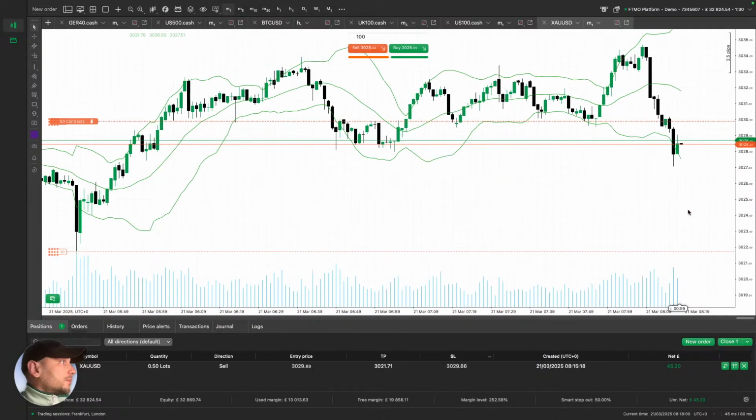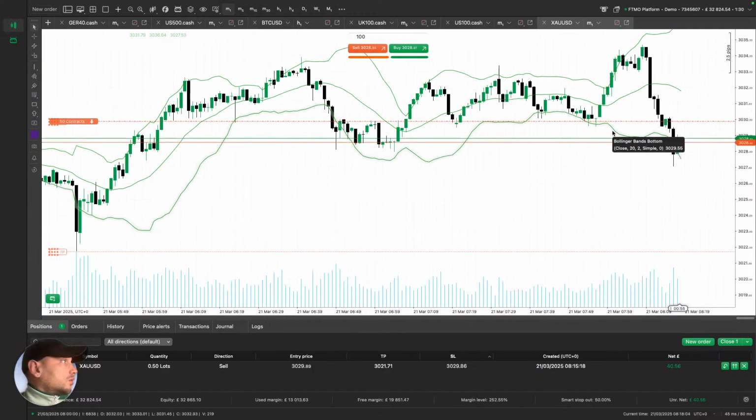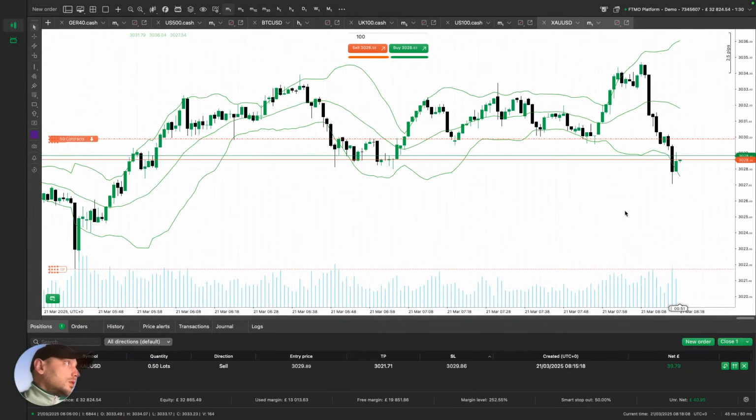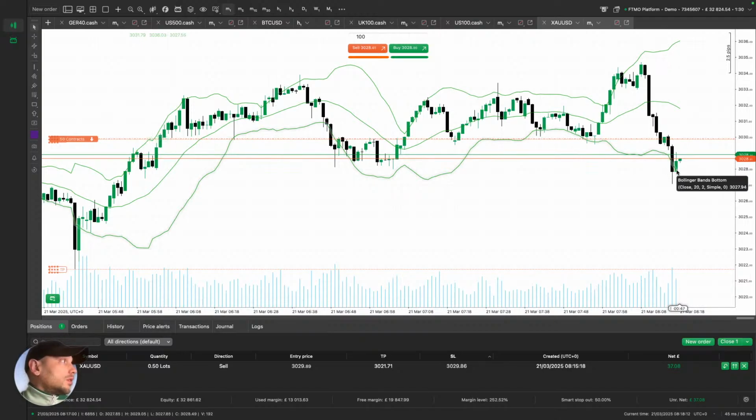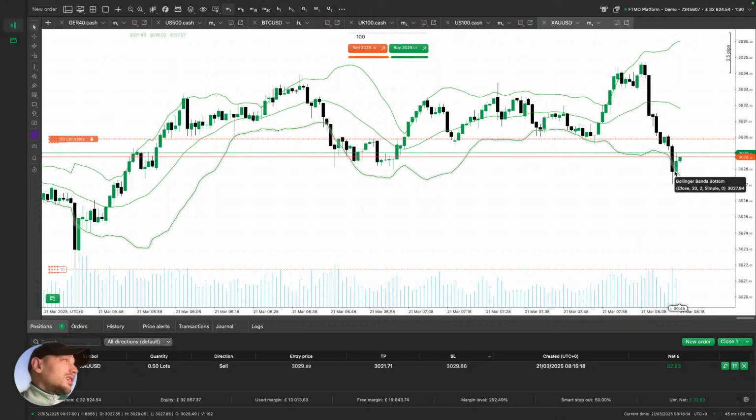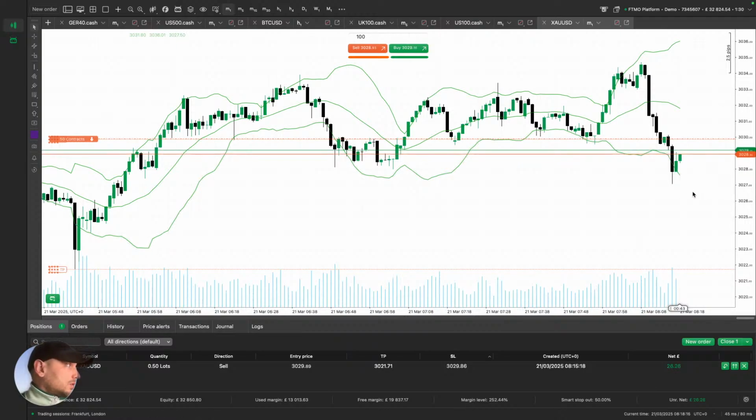Okay. Now, what I have here is those bands where it shows us when the price is in discount or overpriced. We see we're a little bit out of the range, so that might be a reversal or continuation.